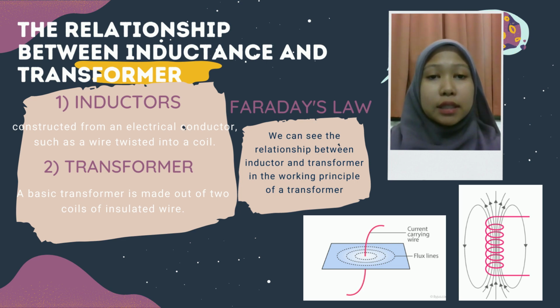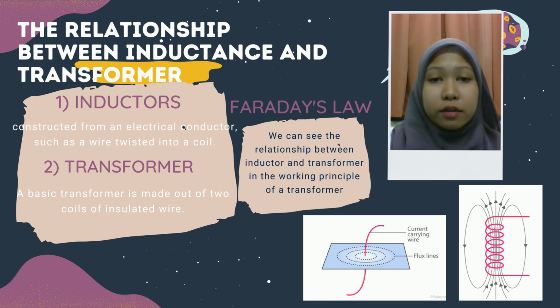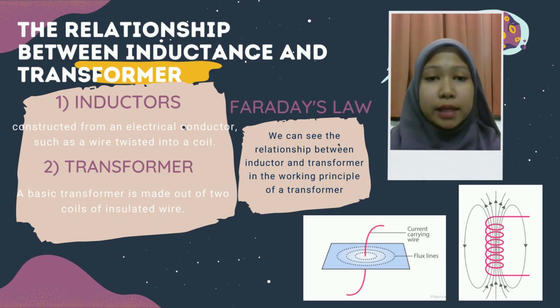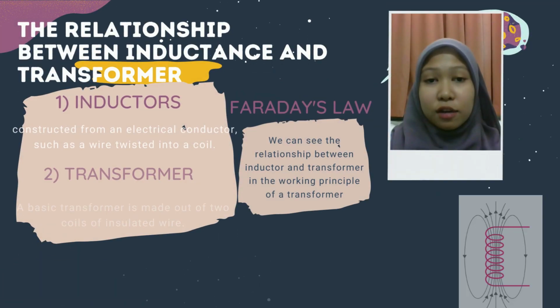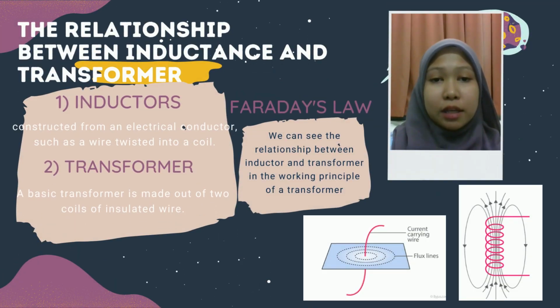The mutual inductance of the two coils is very high, and a changing magnetic flux occurs when an alternating current flows through the primary coil. This shift in magnetic flux induces an EMF, which is electromotive force, in the secondary coil, which is connected to the primary coil, according to Faraday's law of electromagnetic induction. That's all from me. Next, I will pass to Eddie to continue our presentation. Thank you.